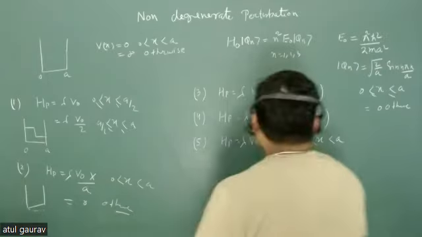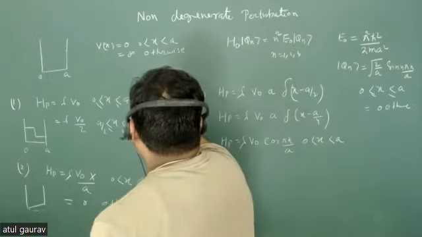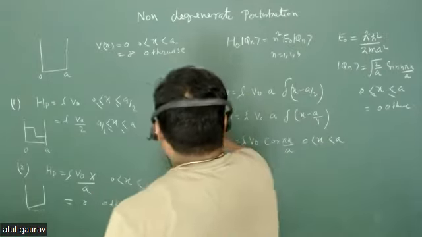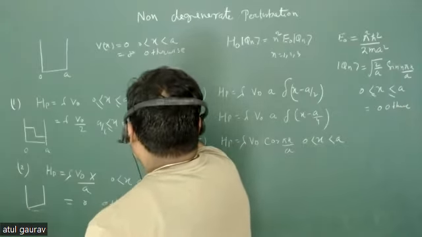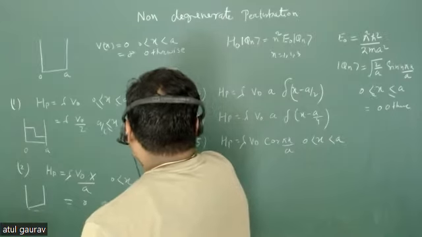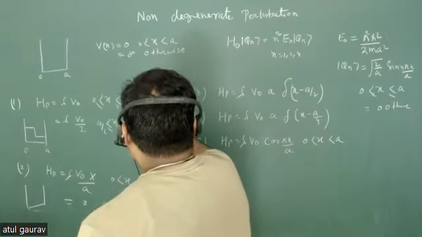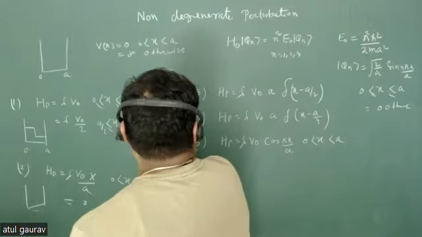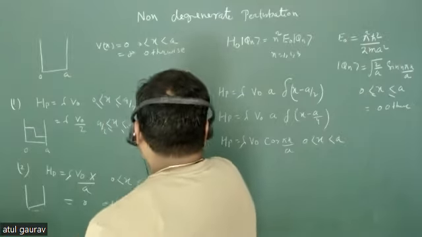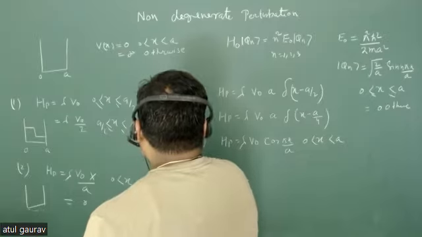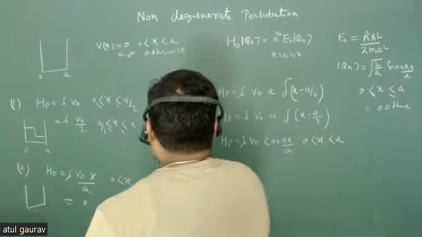Since we are showing everything in figures, let's show this one also. What will be the third one? Dirac delta at a by 2. What will be the fourth one? Dirac delta at a by 4. So a by 4 is something like this. The fifth one is something like a cos function.